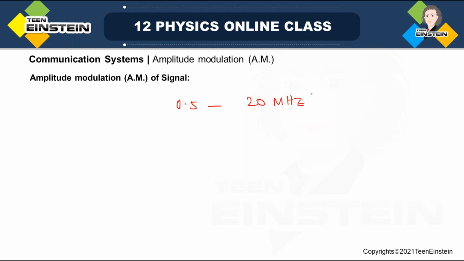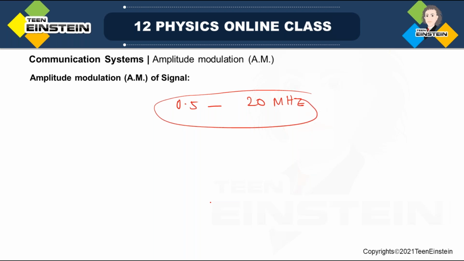So this much band is required for transmitting a low frequency signal after amplitude modulation. And the area in which the amplitude modulated signal can be received is much larger than that of frequency modulation signal.